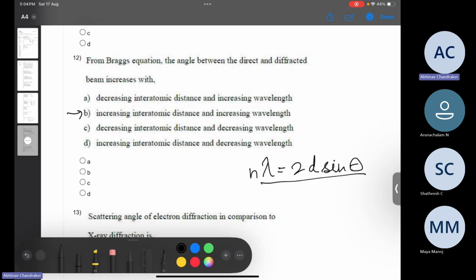So we want an increase in the angle theta. To have a higher theta, we'll require the wavelength to be higher.